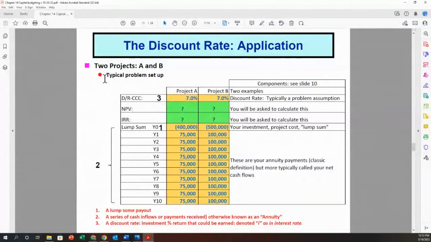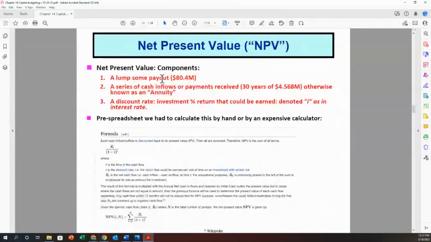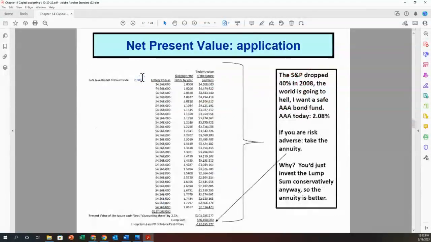Okay, so let's do an application. We have two projects, Project A and Project B. Go to slide 10. Our components: lump sum, annuity, and discount rate.